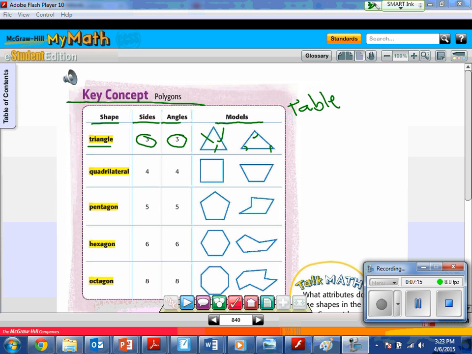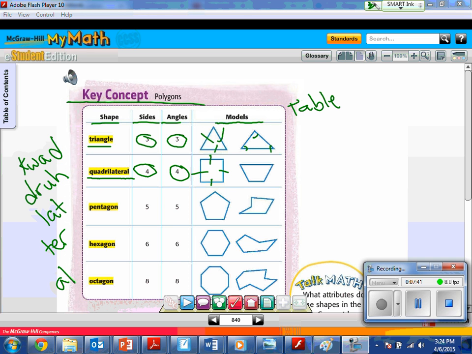Now let's go to this next word. This next word's a big one. This word is called quadrilateral. Let's all say it together. Quadrilateral. A quadrilateral has 4 sides, 1, 2, 3, 4, and 4 angles.